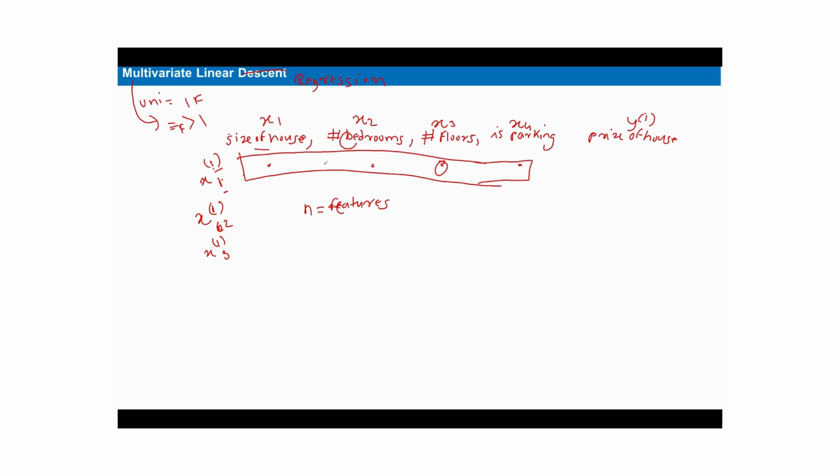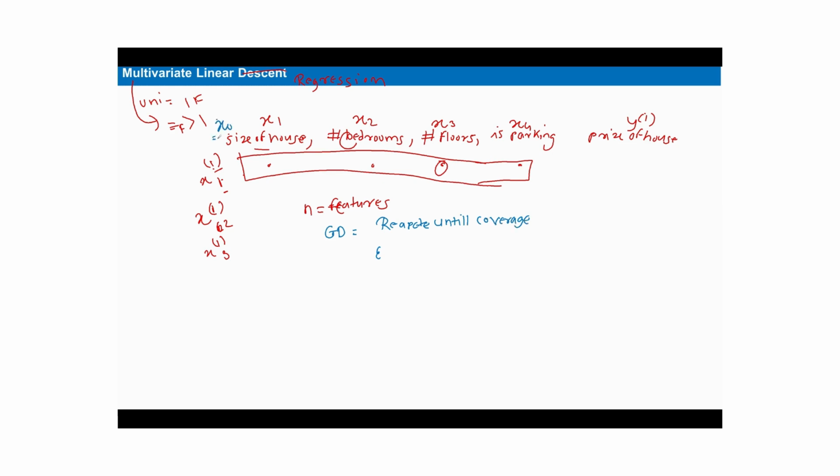The gradient descent algorithm is also: repeat until convergence.